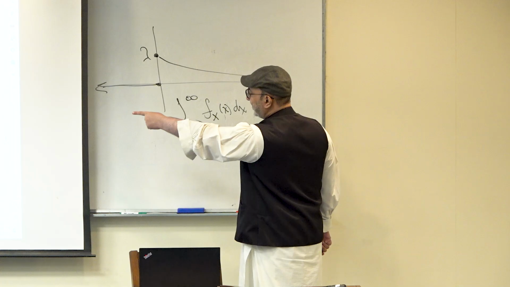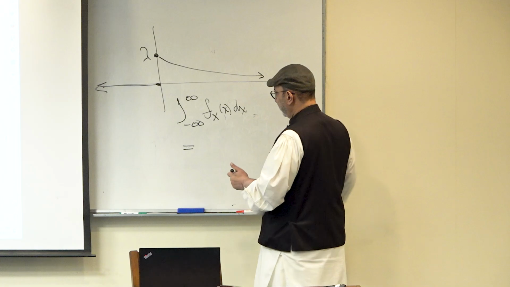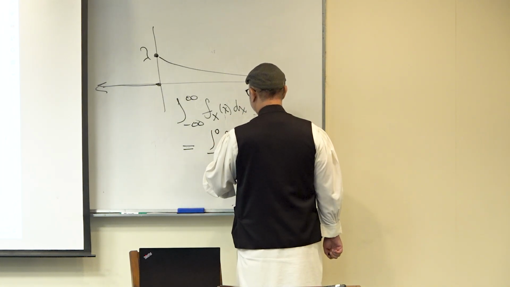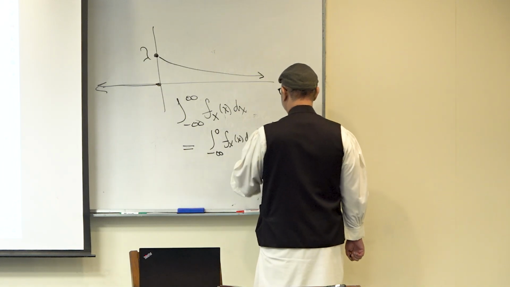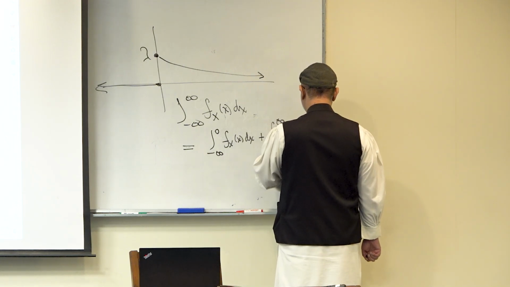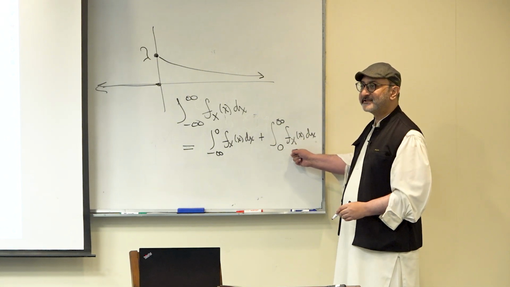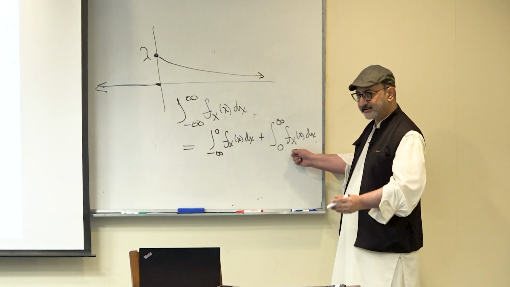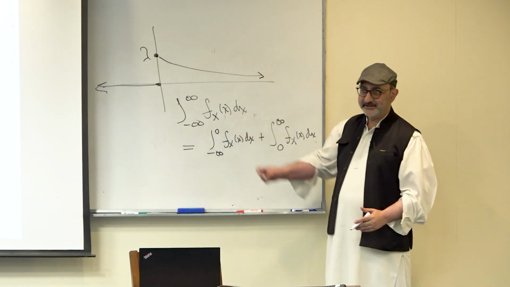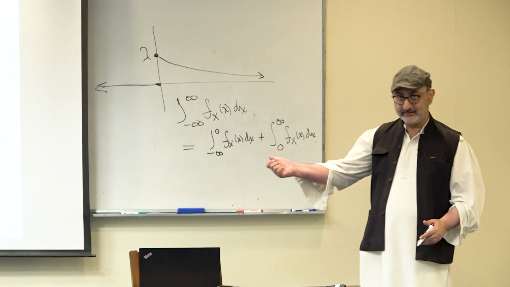And where's the change occurring? It's occurring at 0. So integrate from minus infinity to 0, and then integrate from 0 to infinity, because the PDF is defined differently on each interval. Don't try and integrate it all in one piece.